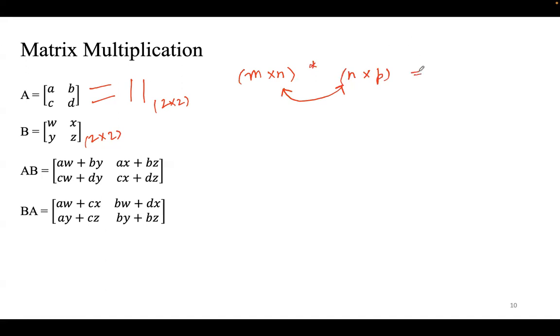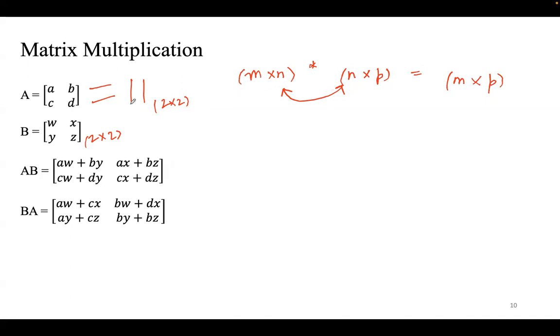The resultant matrix will have the same number of rows as your first matrix and the same number of columns as your second matrix. If these two things are not the same, then you cannot multiply.